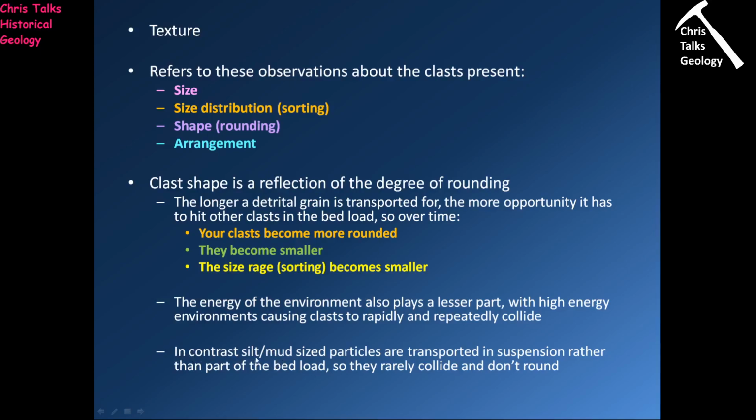So in contrast, silt and clay-sized particles are transported in suspension, so they're actually held in the water or they're held in the air. And so they very, very rarely collide, and as they don't really collide, that means they won't round. So when we're talking about the roundness of a particle, we're only really talking about boulders, cobbles, gravels and sands. Anything smaller than that doesn't really round because the particle is just too fine.